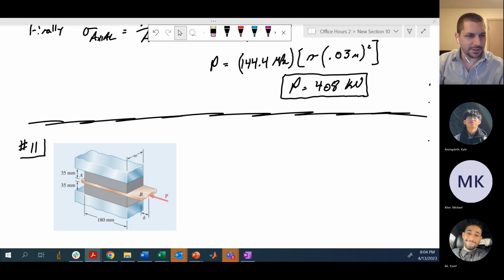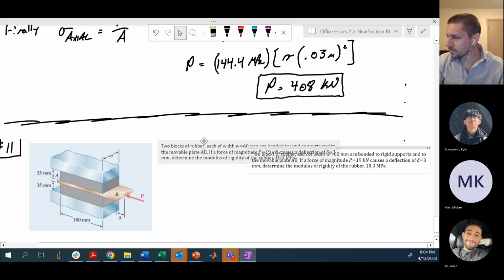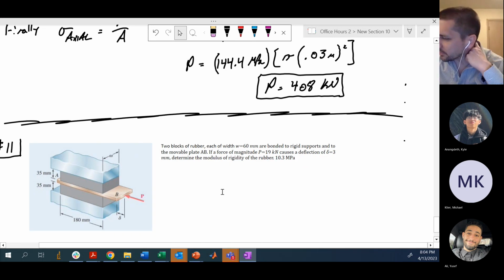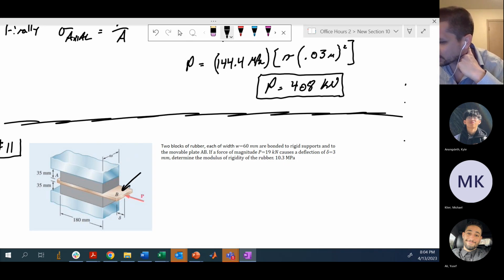Okay, there's our figure, and I'll copy the problem statement in here quickly. Two blocks of rubber, each 60 millimeters, bonded to rigid supports and a movable plate AB. Here's the movable plate AB, here's your rigid support, and then you have your two rubber pieces here and here.